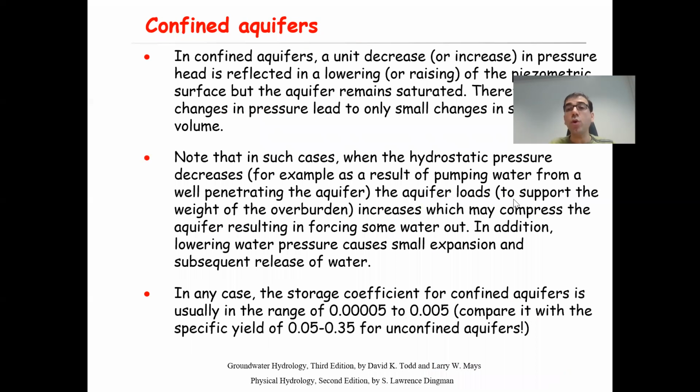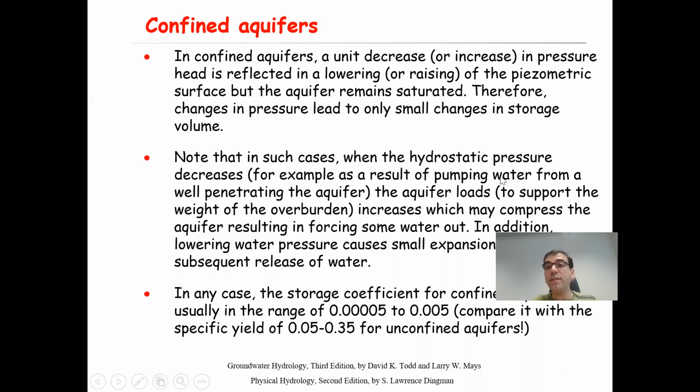Okay. But for the confined aquifer, the situation is a bit different. In a confined aquifer, a unit decrease in pressure head is reflected in a lowering of the piezometric surface. But if you remember, confined aquifers are bounded by impermeable layers, or confining layers.